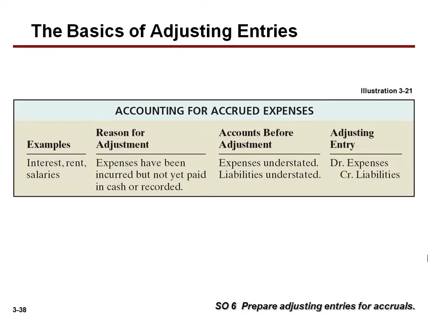Adjusting entry, debit expense, a specific expense. In the last example, it was interest expense, and crediting a liability, which in the last example was interest payable. The adjusting entry shown here is a generic entry. As you make them for purposes of homework, you declare specific expense accounts, specific liability accounts.